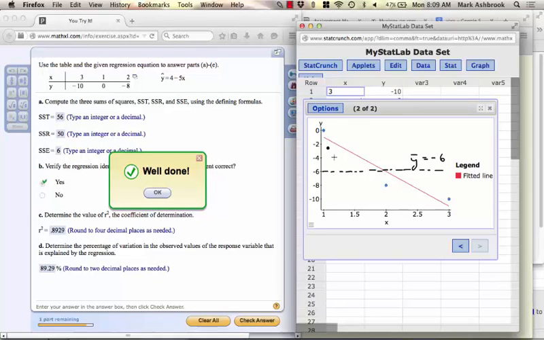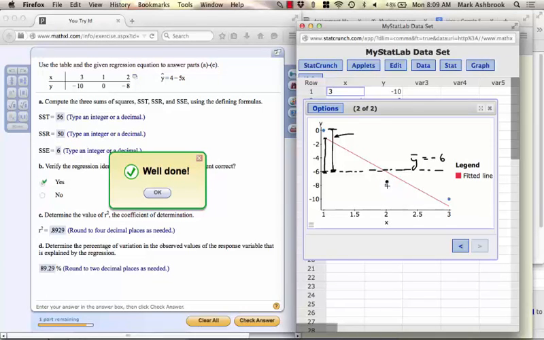Okay, and so you see, look at this first data point. The total difference, what's contributing to SST, is from there to there. Most of that is due to the regression, right? So this is what contributes to SST. This is what contributes to SSR.